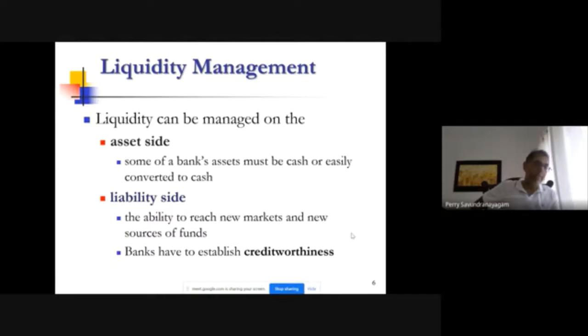When it has liquidity on its mind, what kind of assets should it look at generating?